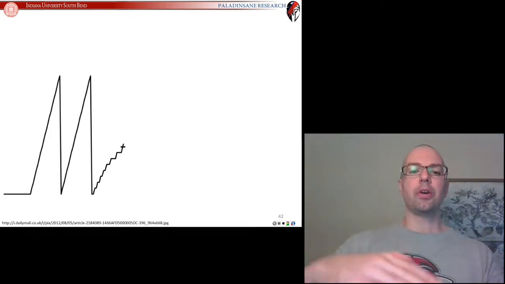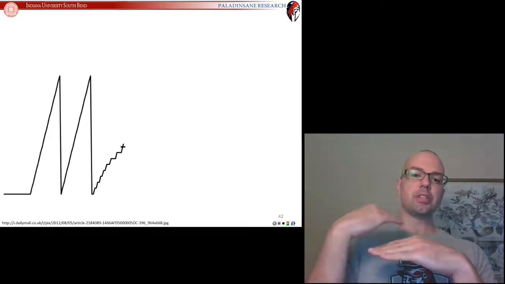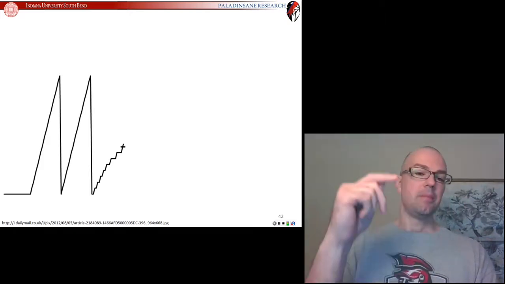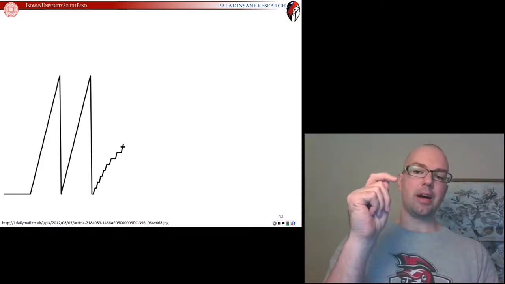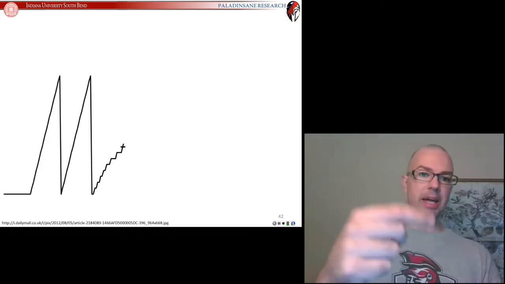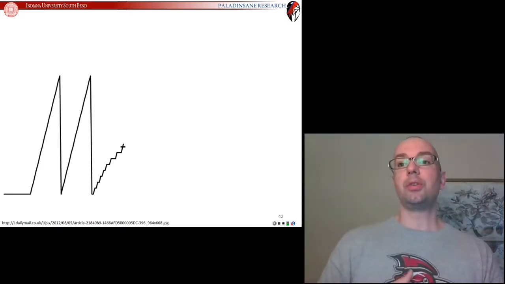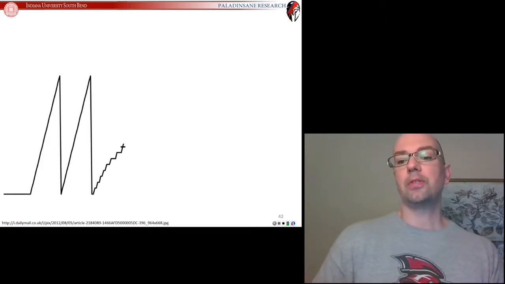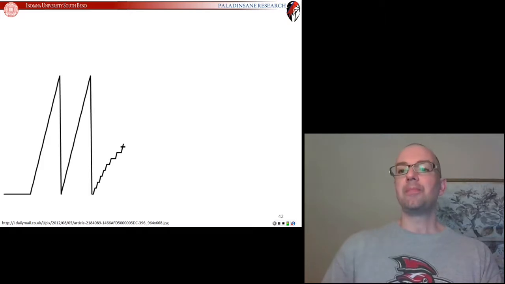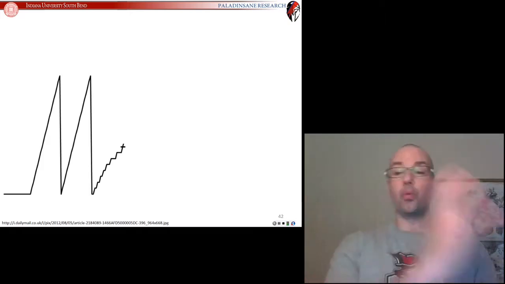In a cumulative recorder, occasionally you'll see a dash or a slash that goes across the line. This indicates when the organism is reinforced. So in this case, this would be the point where Usain Bolt was reinforced for his run. Specifically, this would be the point where he looked back at his world record.